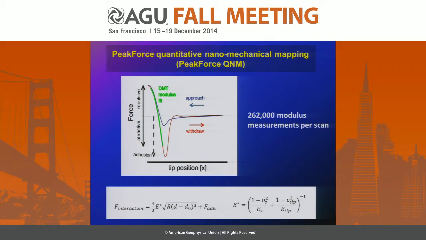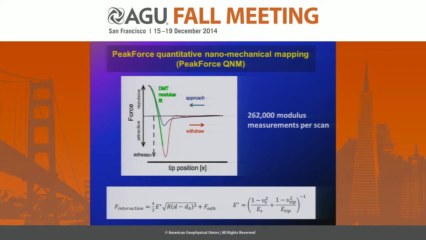So what are we actually getting? For each pixel, we get a force distance curve. As the tip approaches the surface, we're applying a certain force, and we can fit a DMT modulus curve to each individual pixel and extract the Young's modulus. There are a few things we have to know, for example, the Poisson's ratio of the material that we're measuring.